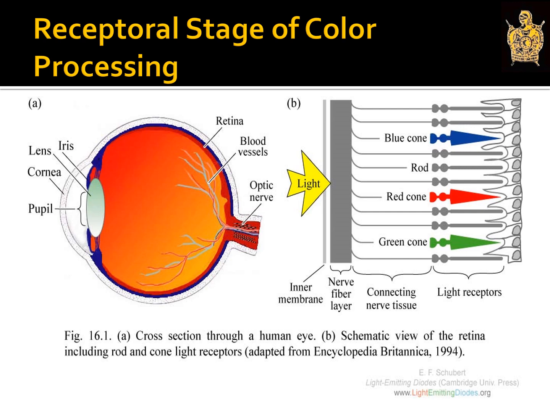In this cross-section of the eye, we can see light falls on the retina, and there are three groups of cones: the blue cone, the red cone, and the green cone, and the rods, which are for night vision.